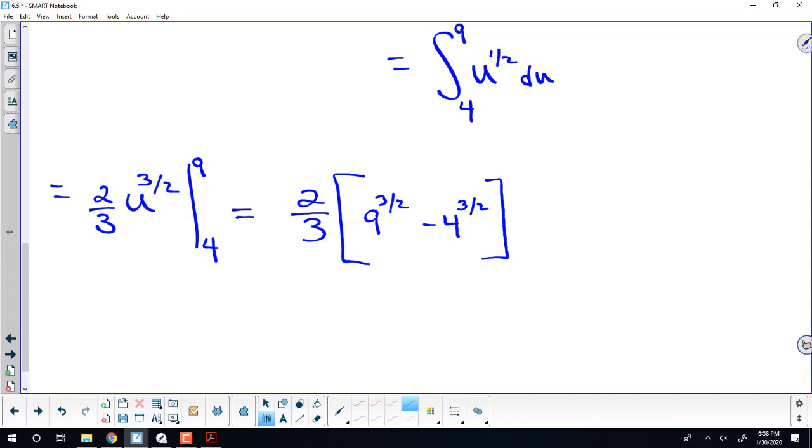So it's going to be some decimal. Or is it? So we've got 2/3. 9 to the 3/2 would be what? 27, right? 27 minus 4 to the 3/2, which would be 8.